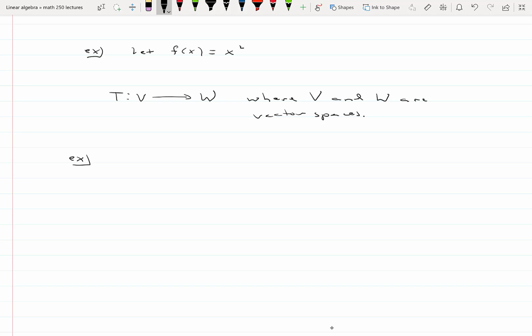Let T take y and turn it into y prime. So T takes a certain function and turns it into the derivative of the function. Well, the domain of this transformation obviously can't be any function, because not every function has a derivative.